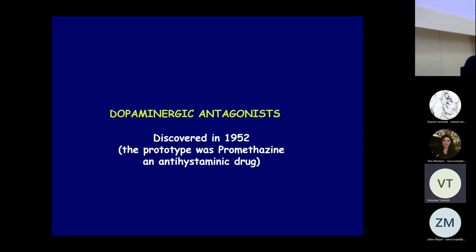You see every day in the newspaper, husband killed wife, daughters, sons, and so on. Just yesterday, the last case. And so it is necessary to have this type of compound to control the violent attack by this patient.